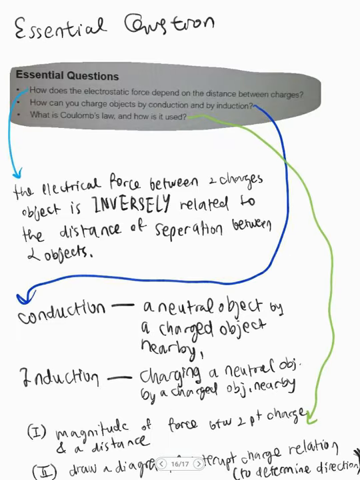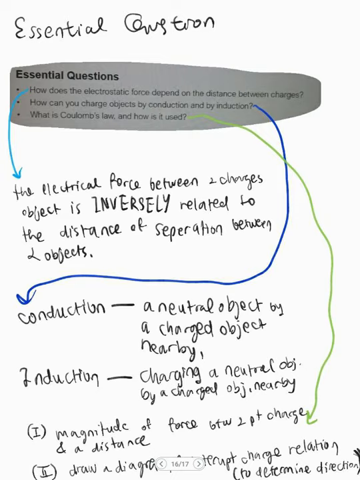The first one asks how the electrostatic force depends on the distance between charges. The answer is that the electrical force between two charged objects is inversely related to the distance of separation between the two objects. The second question asks how you can charge an object by conduction and by induction.